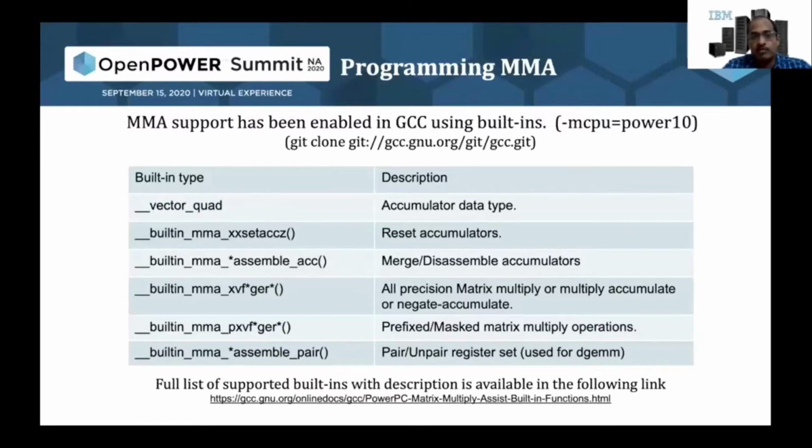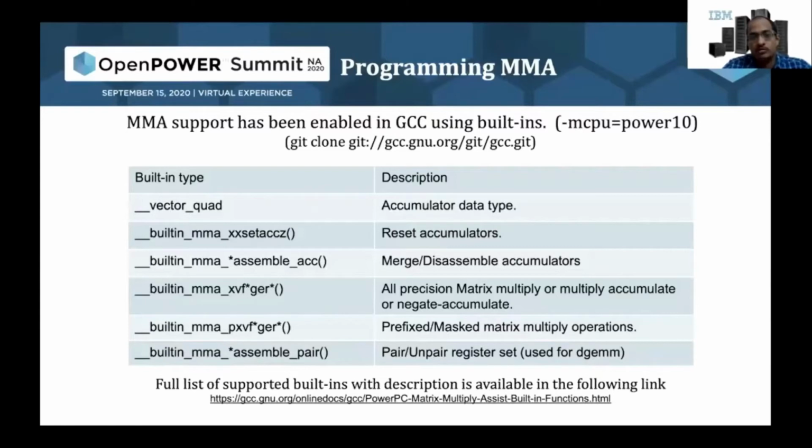A new data type, vector quad, can be used to specify an accumulator, and a normal VSX variable can be specified using vector data types. There are APIs to assemble or disassemble the accumulators to be used as pairs or independent VSX registers. One can also make use of move from or to instructions to move data across VSX registers and accumulators.